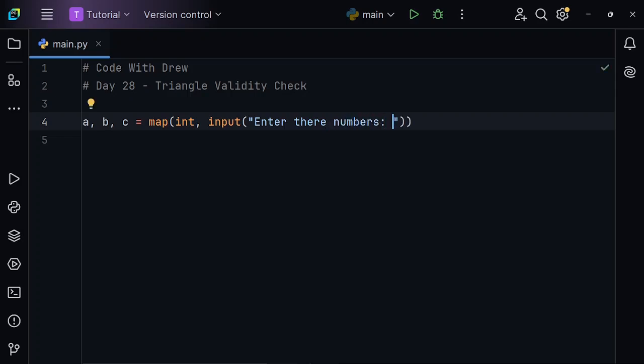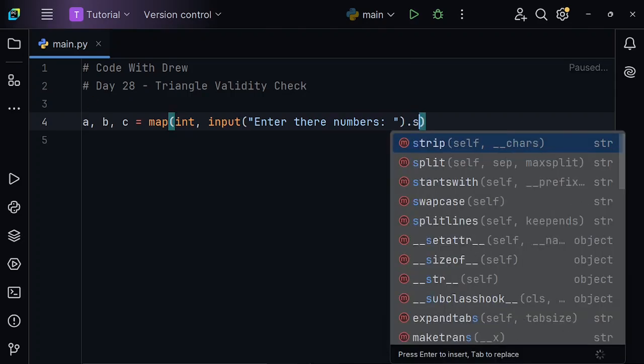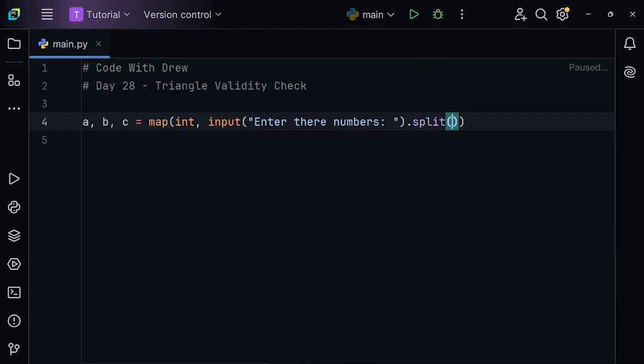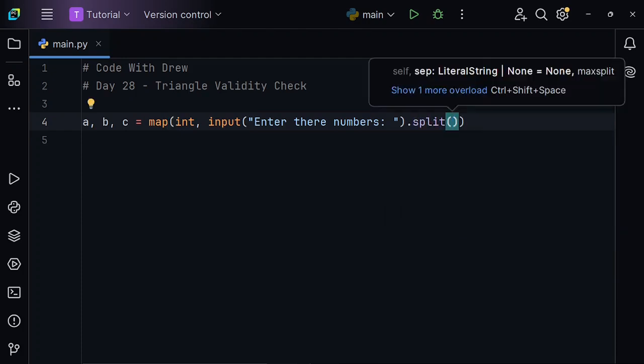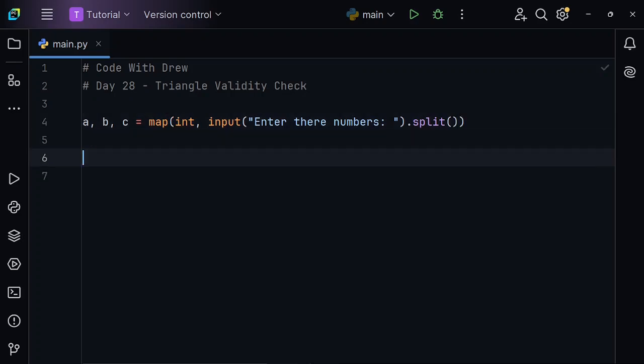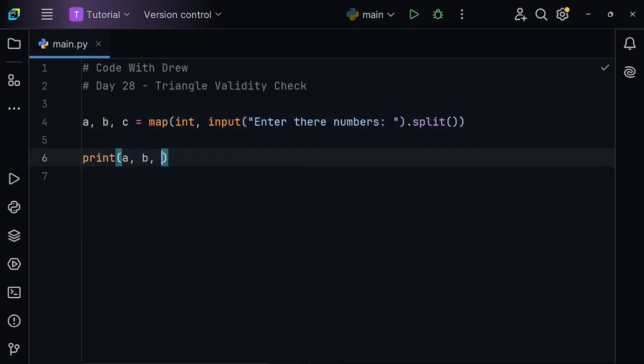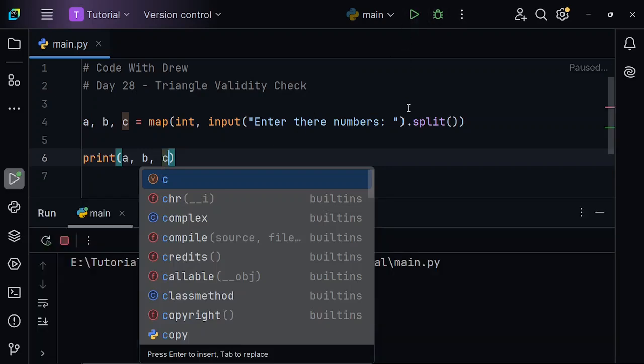Now we're entering three numbers and we are splitting these three numbers right here, dot split. So you enter these three numbers and they are split. Now if you run this, let me just print out A, B, C, so you can see this in action.